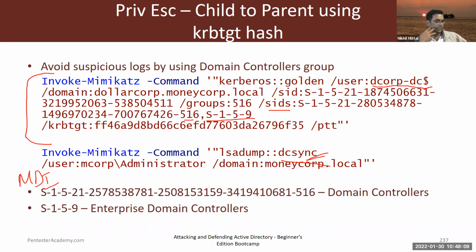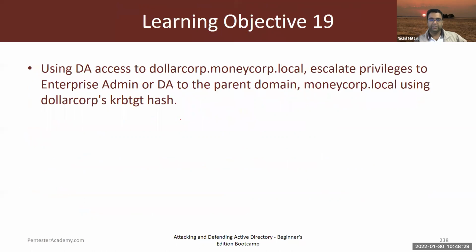I mean, 4 years and still works and probably will work for another few years. You never know though, but it has been working for that long. And I've been sharing this with my students from that time, right? So this is how we can actually go ahead and abuse this. And this was our learning objective 19, using DA access to $corp, escalate privileges to enterprise admin by abusing $corp's krbtgt hash.